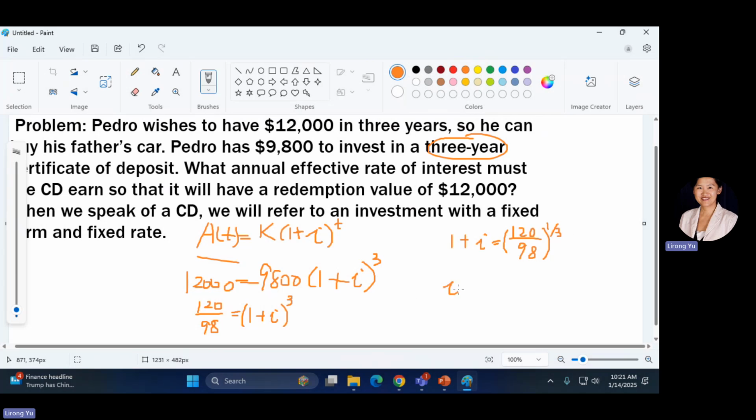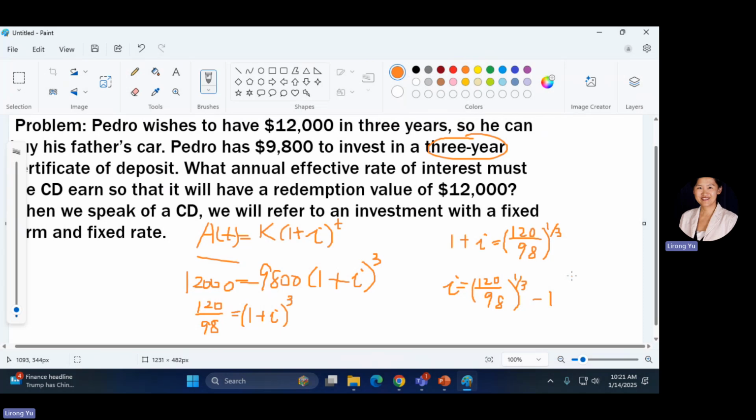And of course the I would equal 120 over 98 raised to the power of 1/3 minus 1. I think that will be the interest rate. You want to make it into a percentage. Any question for the computation?